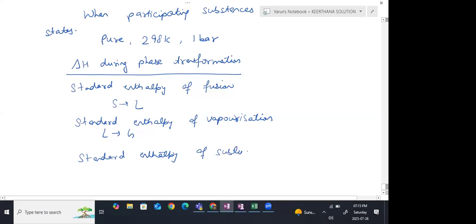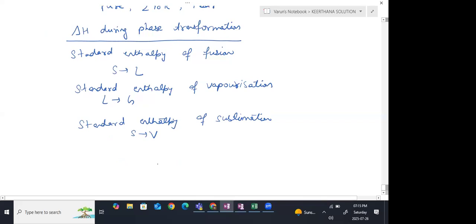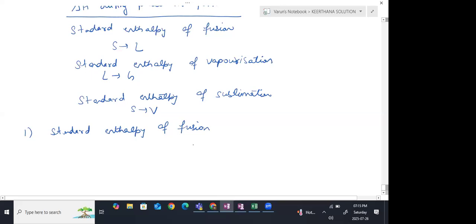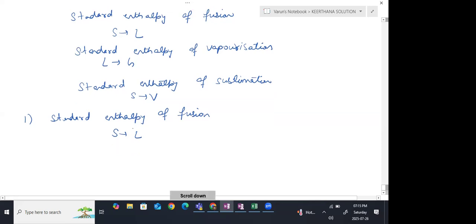Clear? Right? Now we will discuss one by one. First, we have standard enthalpy of fusion. Kirtana, are you getting? Yes, ma'am. So enthalpy of fusion is what? When my ice changes into water, or I can say it is the melting of 1 mole of solid.